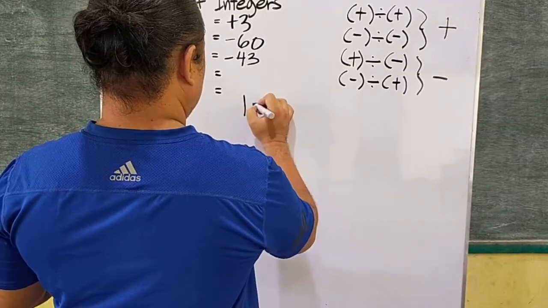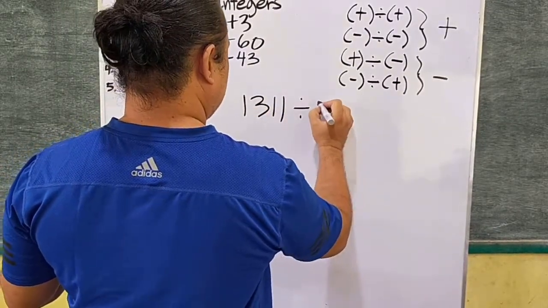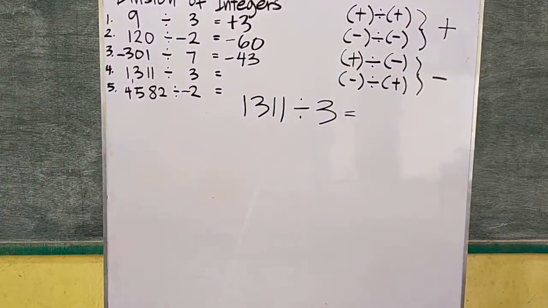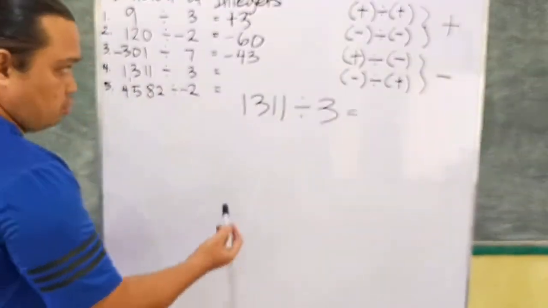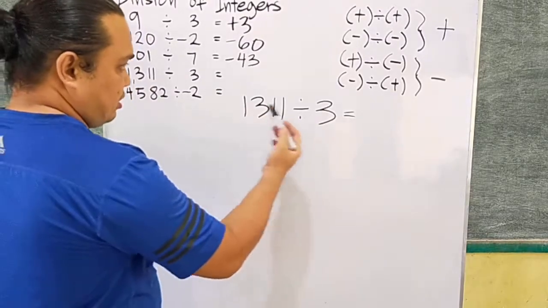Okay, 1,311 divided by 3. Okay, so we are dividing two positive integers. Okay, because they both have no sign, therefore they are automatically positive integers.